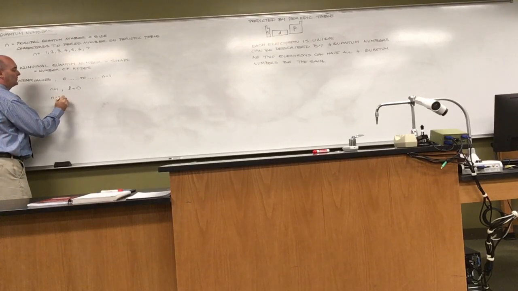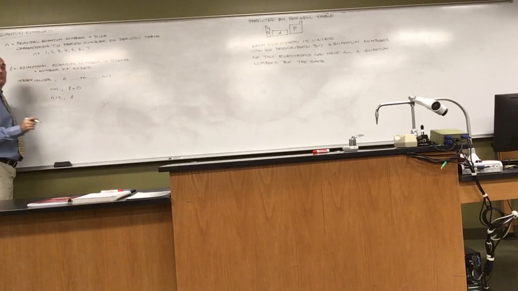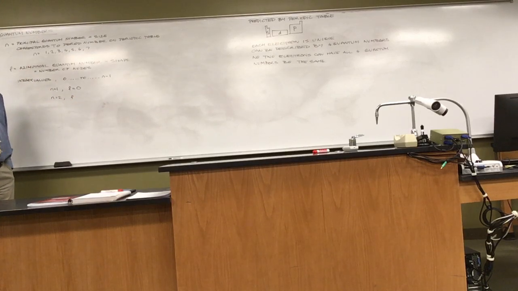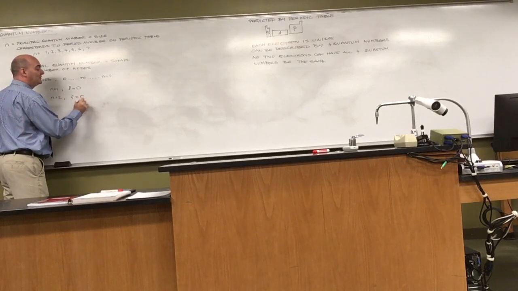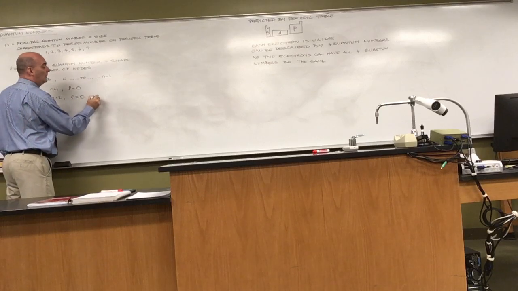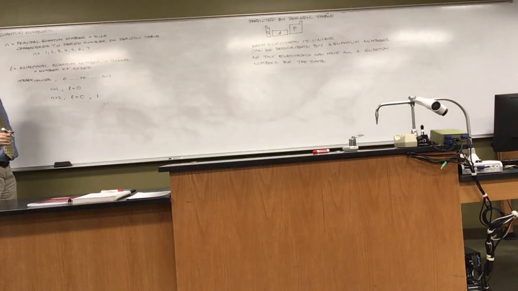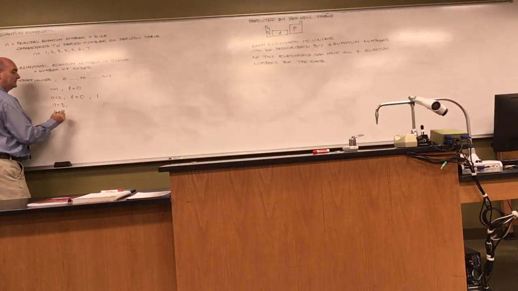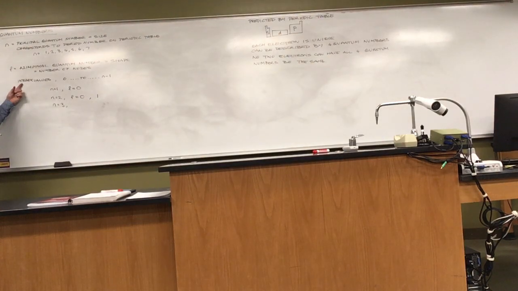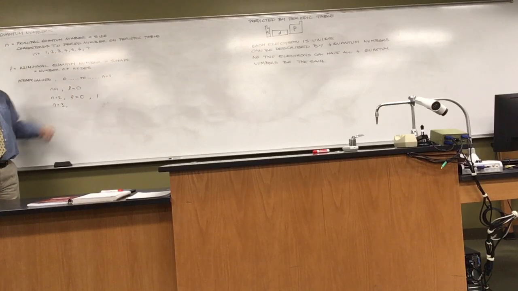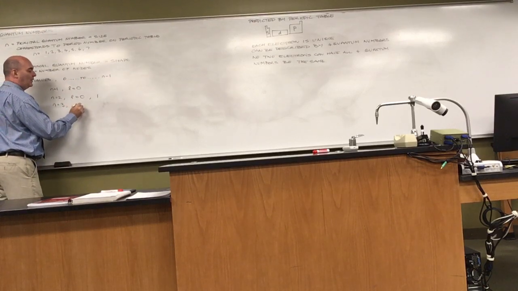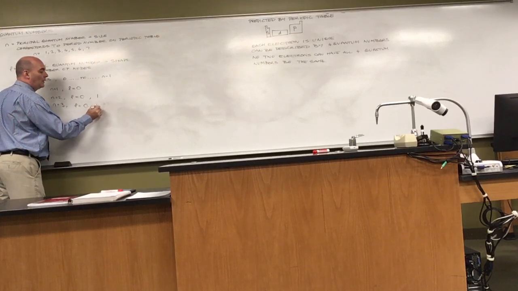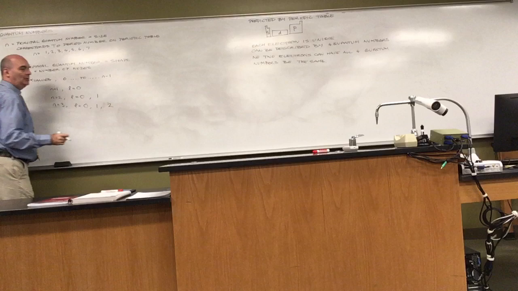When n equals 2, L can have 2 possible values. L could be 0 or 1. When n equals 3, L will have integer values between 0 and n minus 1. So L will have values of 0, 1, or 2.